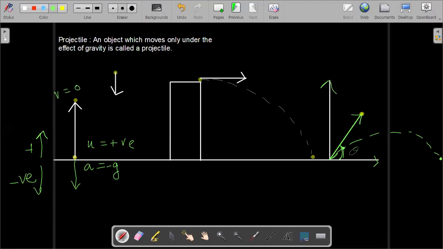So in the horizontal projectile, when it's moving horizontally, if you throw this object horizontally from this point, during its horizontal projection, its velocity along the x direction is ux, and its initial velocity in the y direction, uy, is 0, as I am not providing it any velocity in the y direction.